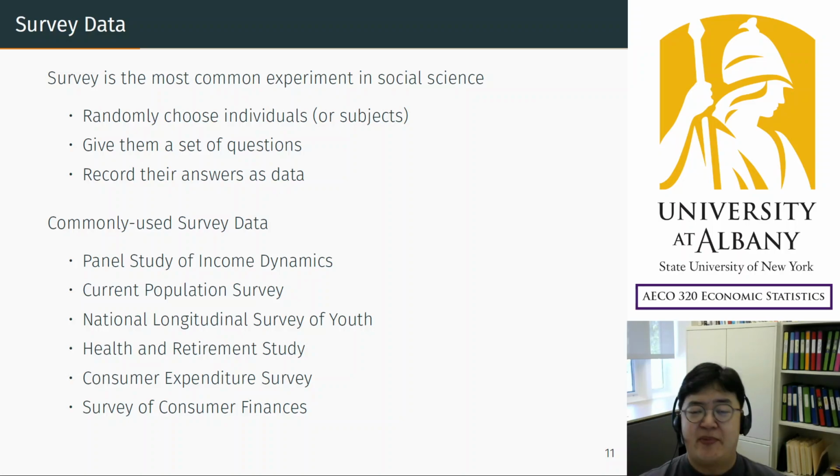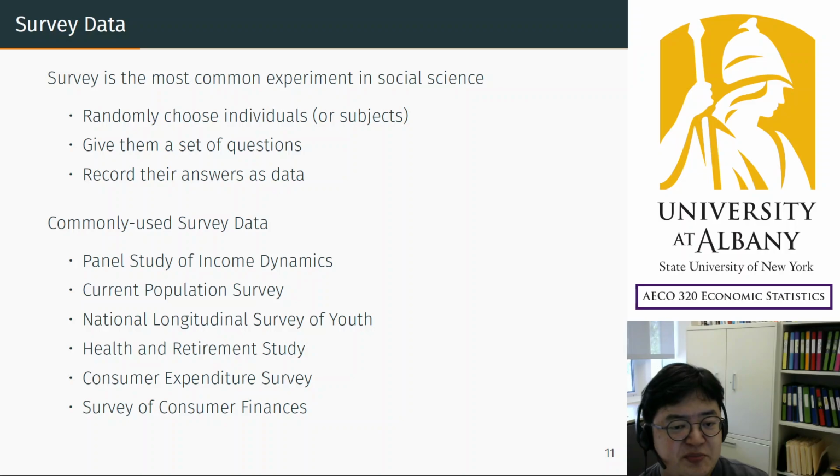But that is, by the way, very, very costly, and you cannot ask everything in the census data, right? So depending on the purpose of your analysis, there are some surveys. Here, I'll show you some examples. Panel Study of Income Dynamics. If you would like to understand income dynamics, then you design questions more specifically toward that, and choose people.